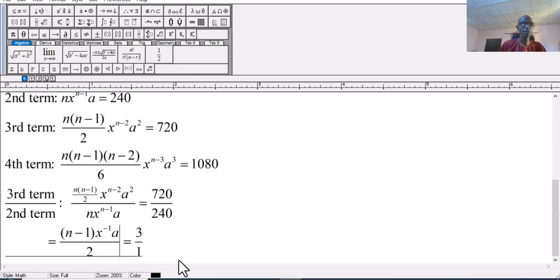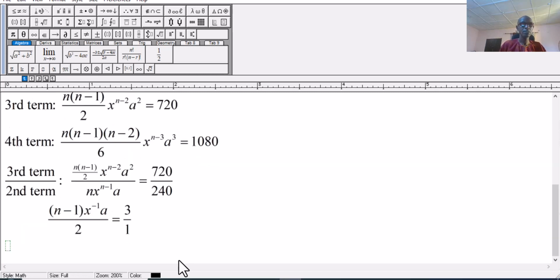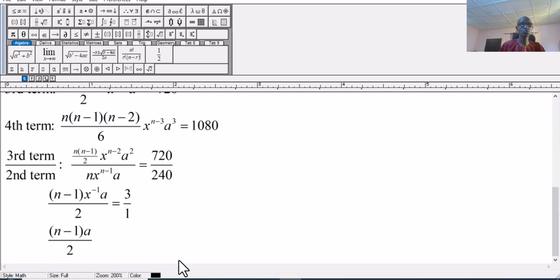So I can rewrite this as (n-1) a all over 2x equals 3 over 1.